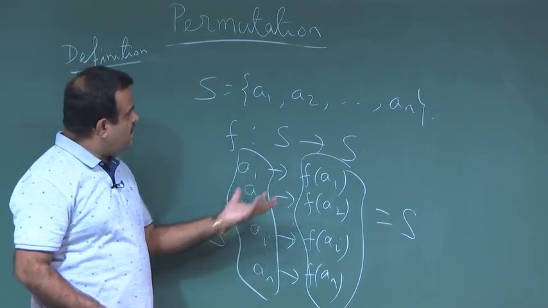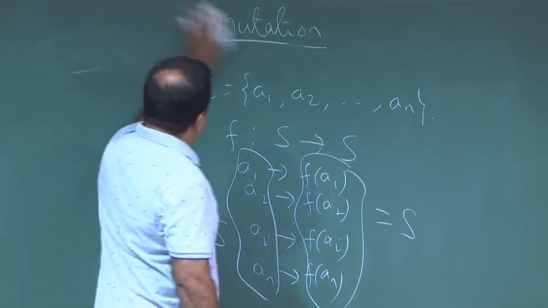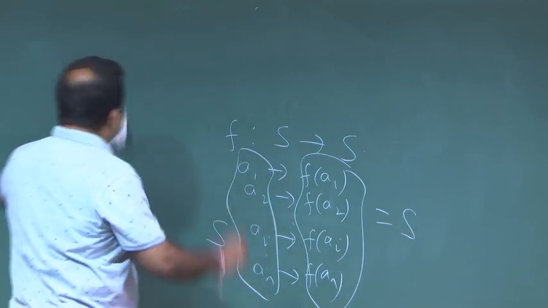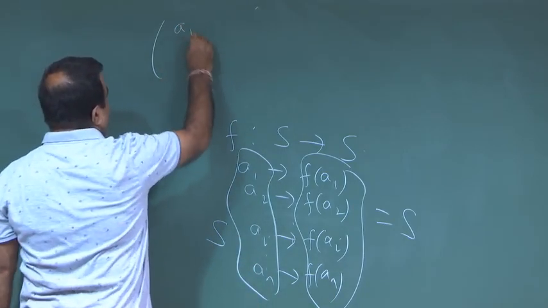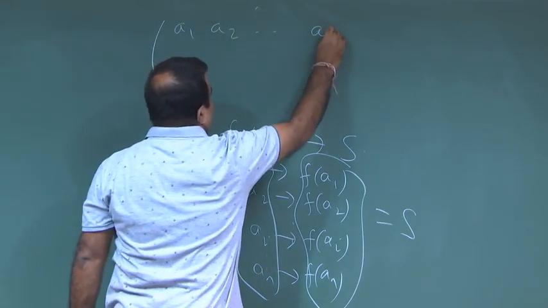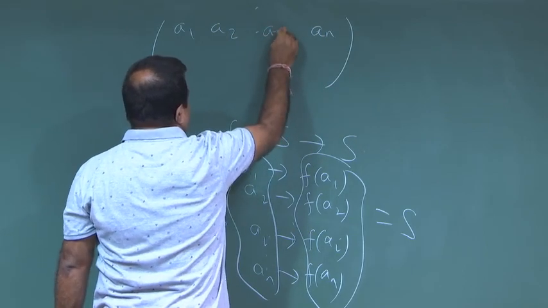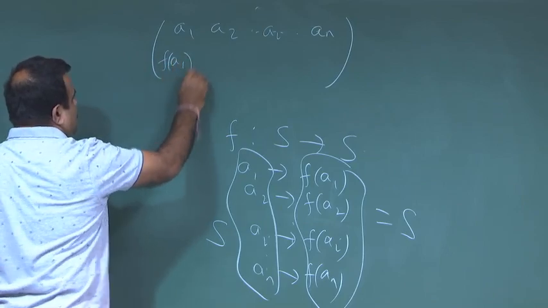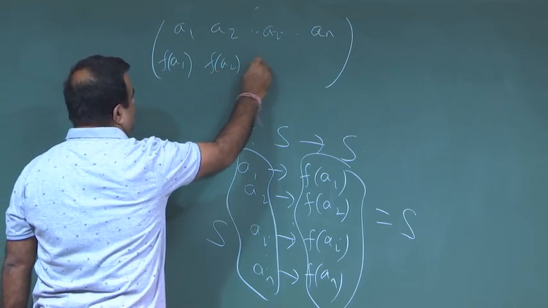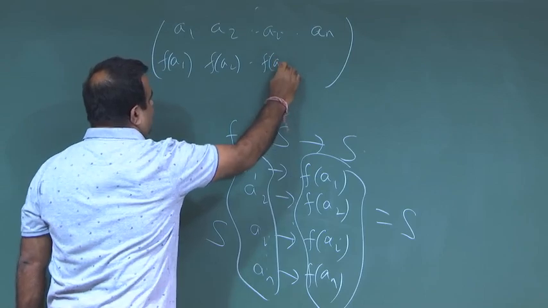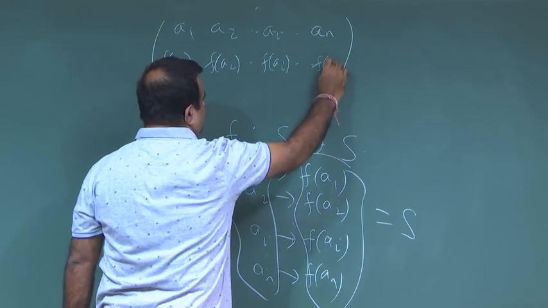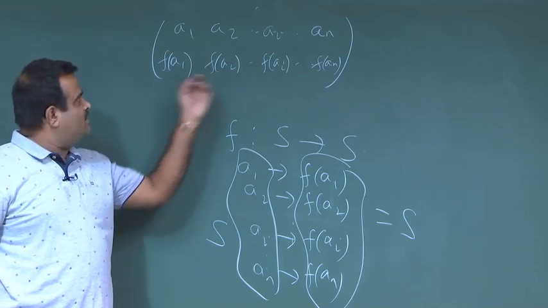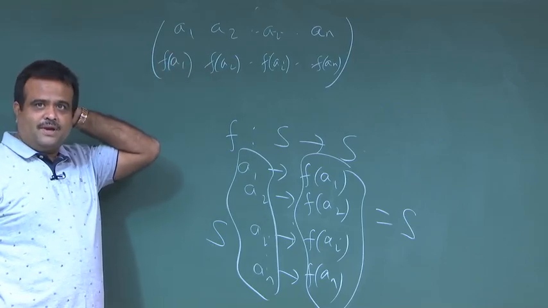This can be written in some other way, like in this form: A1, A2, ..., Ai, ..., An, and below it f of A1, f of A2, dot dot dot, f of Ai, ..., f of An. This is basically a rearrangement, because this is a bijective mapping.